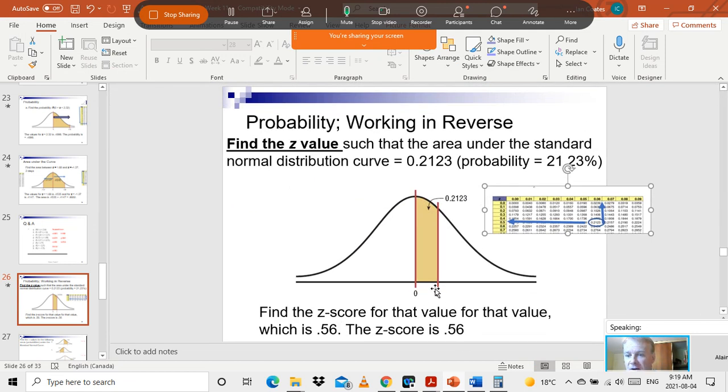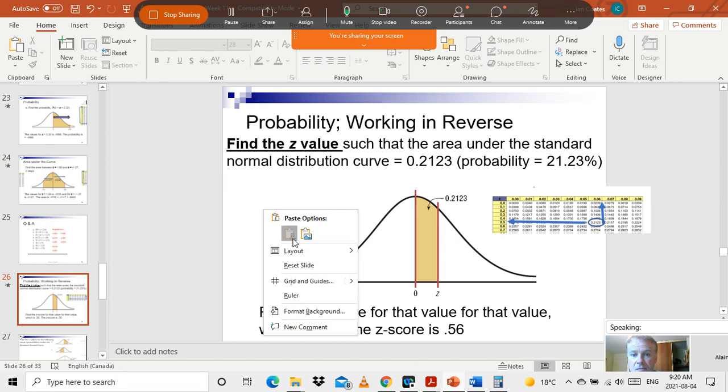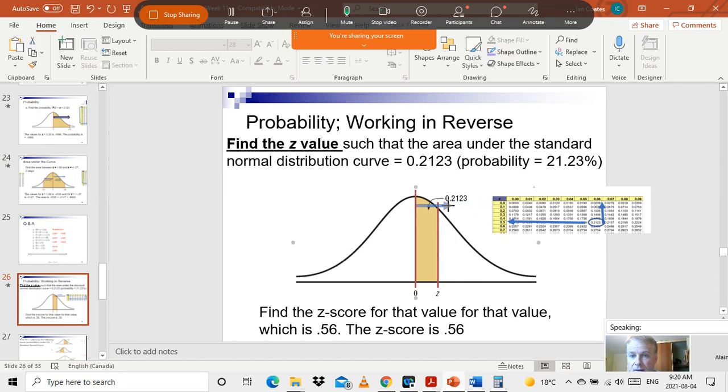That corresponds to 0.56 standard deviations away from the mean, right? Because that's what this thing is measuring from there to there. Okay, so in this case here, if I give you the area or the probability, you can backtrack and find the Z value that corresponds to it just by working backwards there. Okay, and you just find the closest number there. There you go.